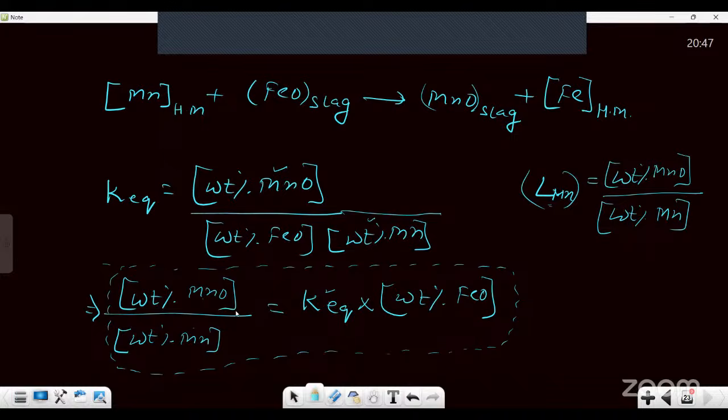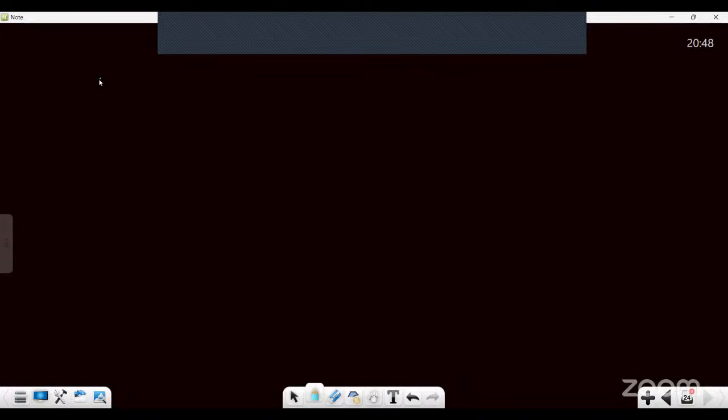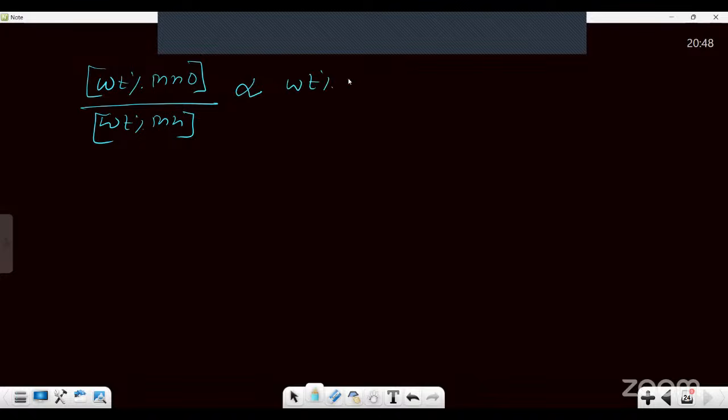So LMn, or the partition ratio of manganese, is directly proportional to the weight percentage of FeO in the slag.